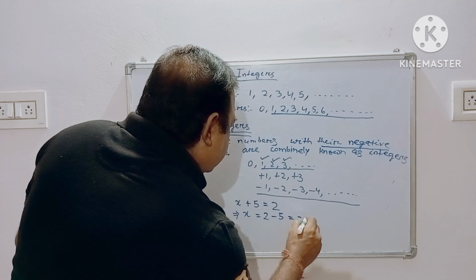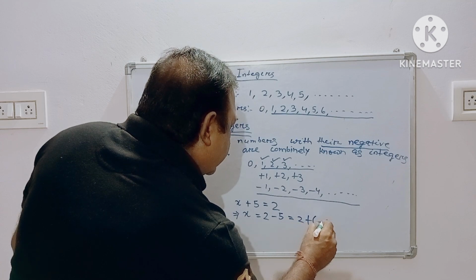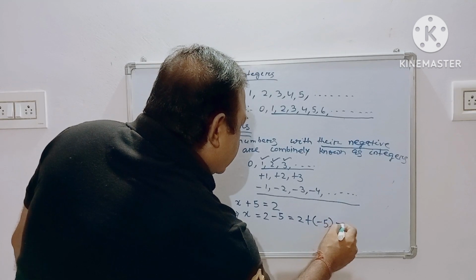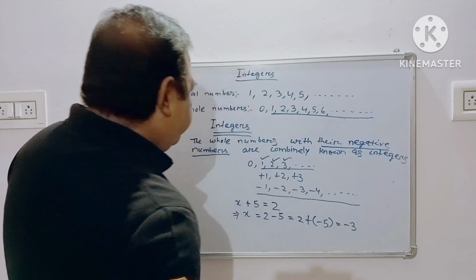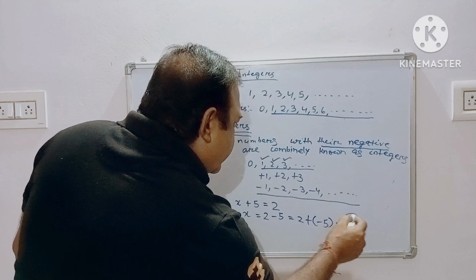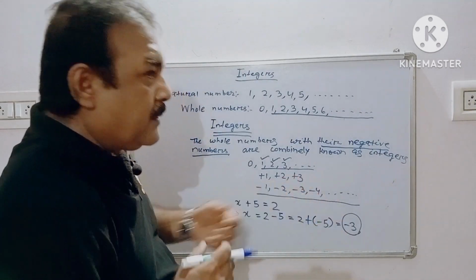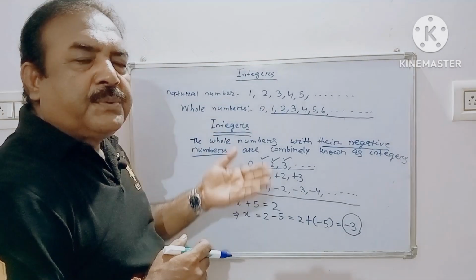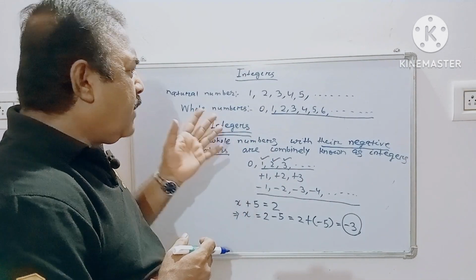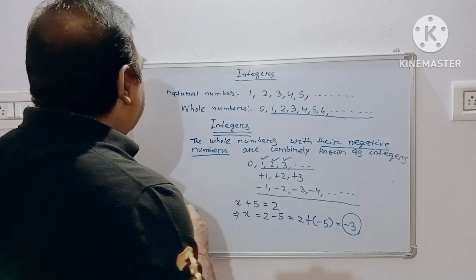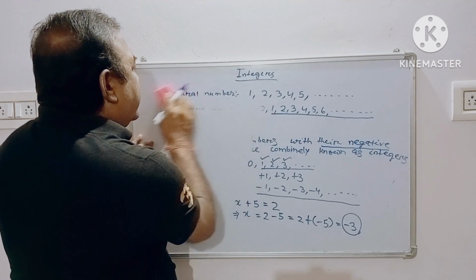We will know it later. Just let me write this. That is equal to -3. So what does it mean? Why are these useful? -1, -2, -3, -4. What does it mean? We will know that. Let me erase it.